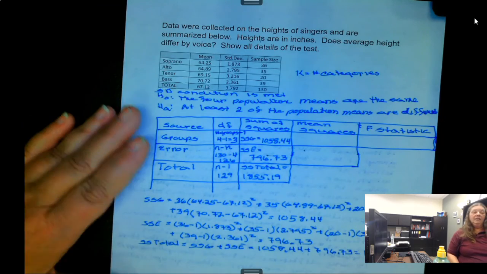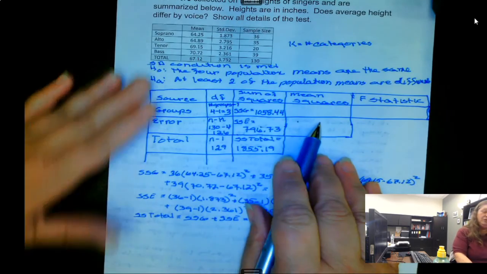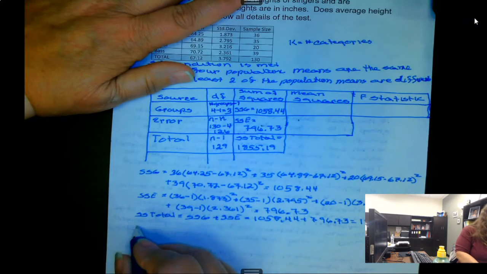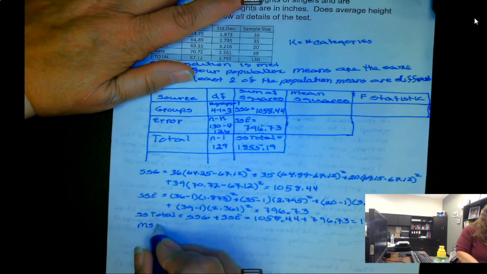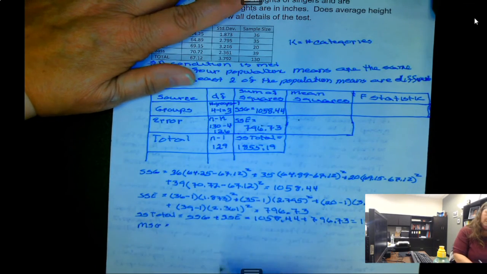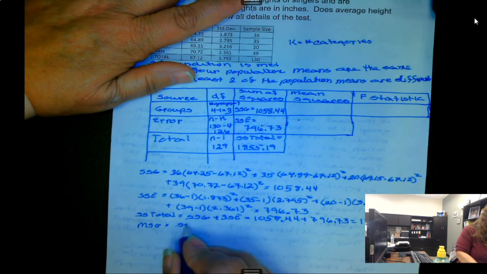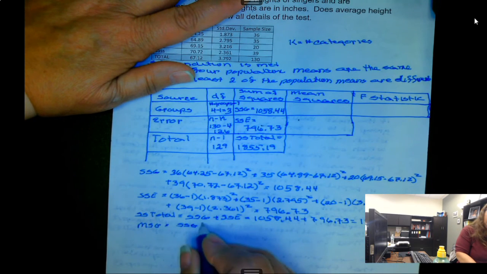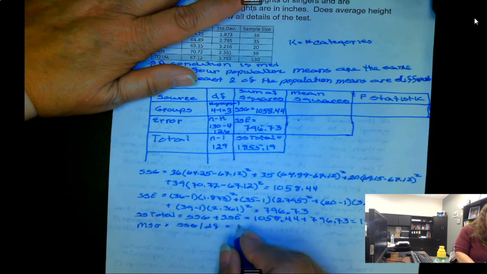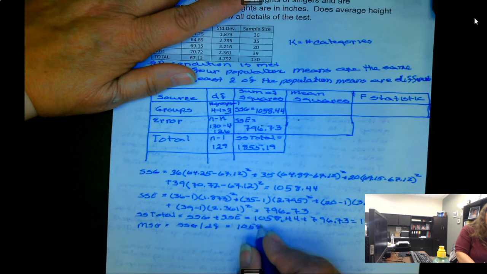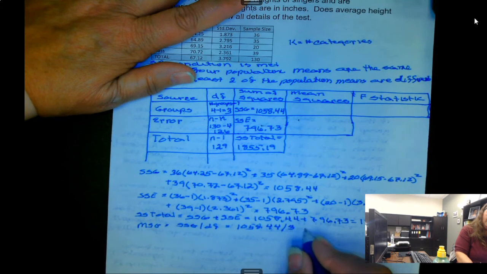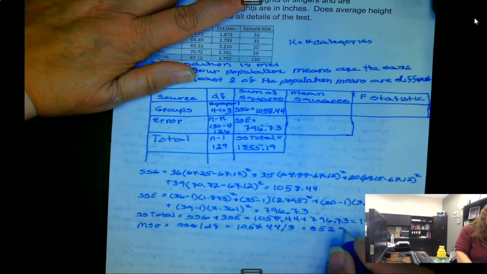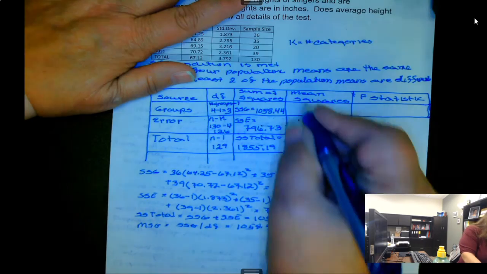Now we need to get the mean squares for the first two groups, for groups and errors. So mean squares for groups is the sum of squares for groups divided by the degrees of freedom. So that would be 1058.44 divided by 3, which is 352.813.